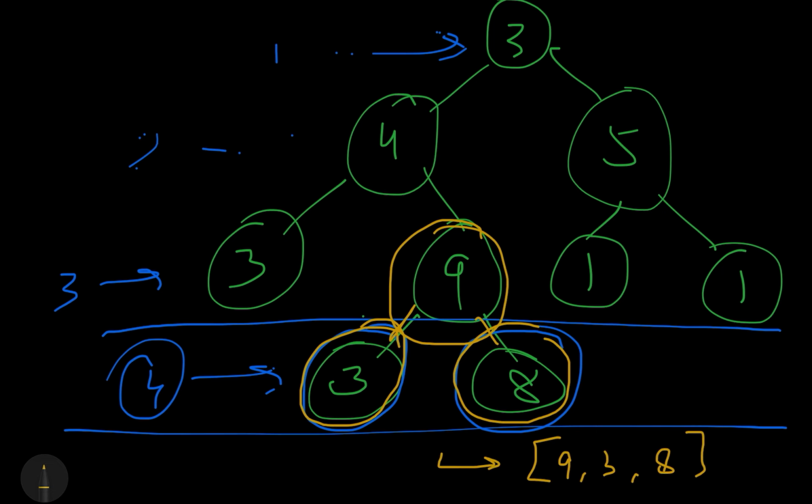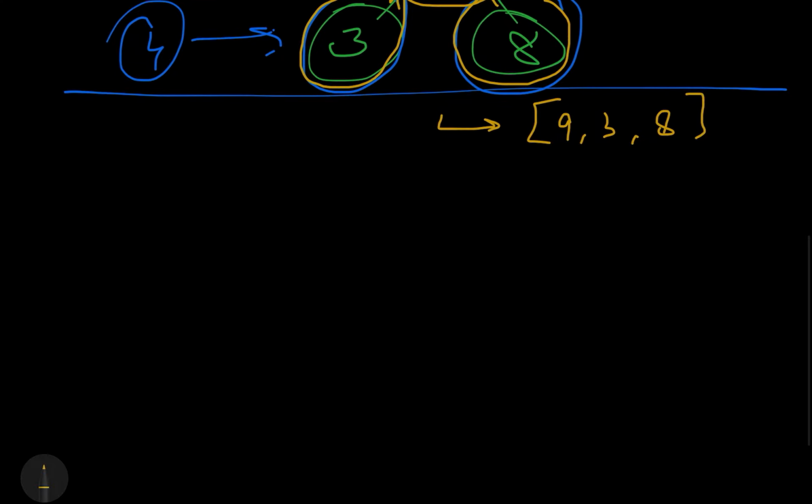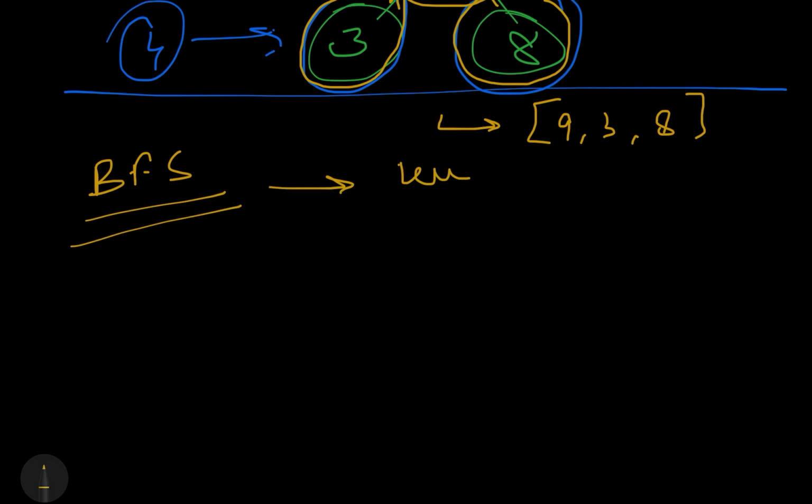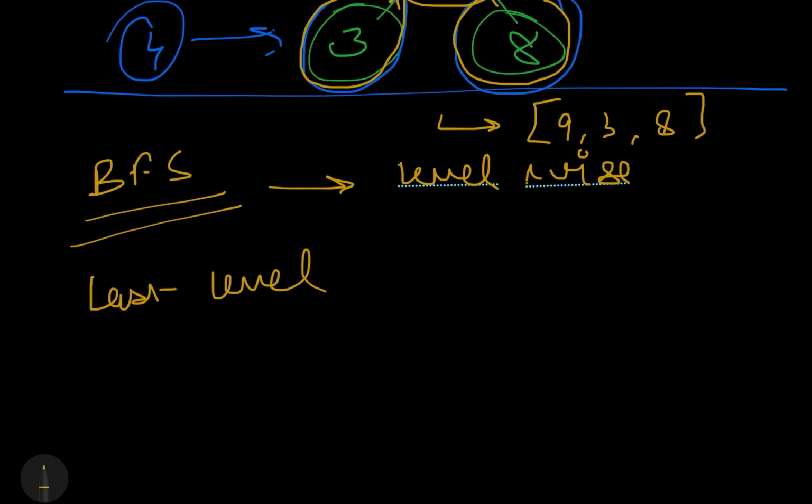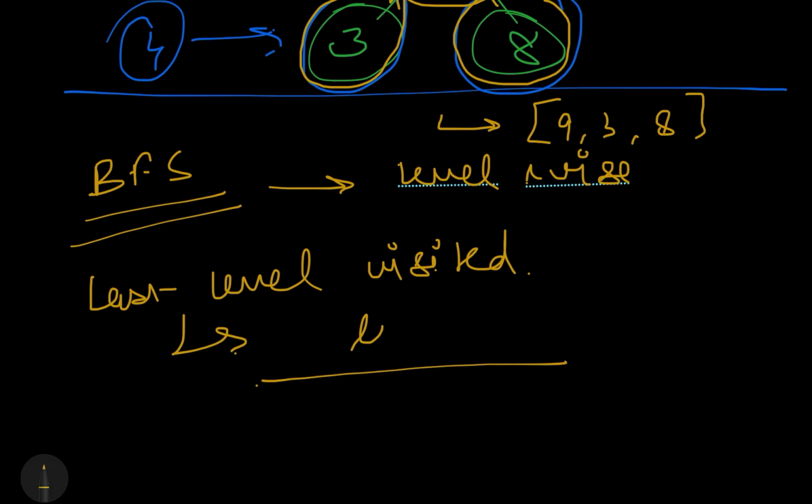Okay, so let's see how we'll approach it. We know how BFS traverses. It traverses level wise. So what we have to do here is travel level wise and find the last level visited, and we'll store all these nodes in a list.